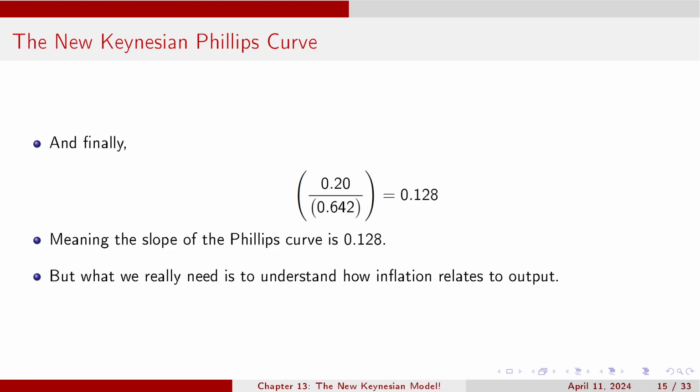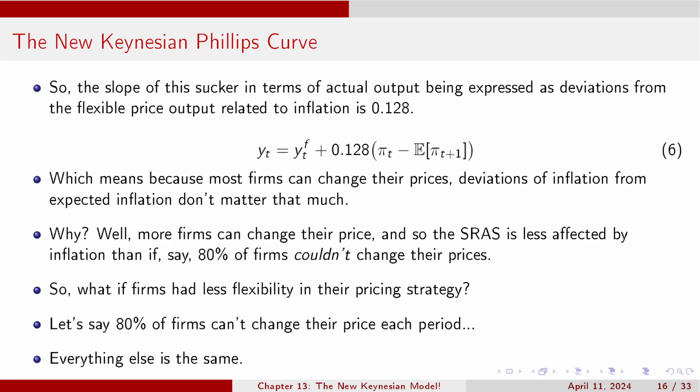How does this relate inflation with output? Well, if I plug that in for alpha in that New Keynesian Phillips curve, I get YT equals YTF plus 0.128 times pi t minus E of pi t, inflation minus expected inflation. So most firms can change their prices.